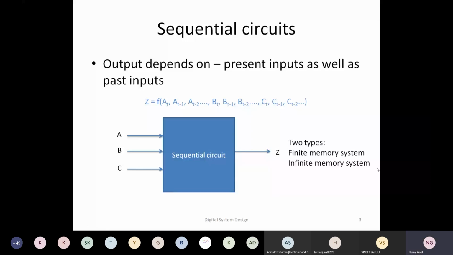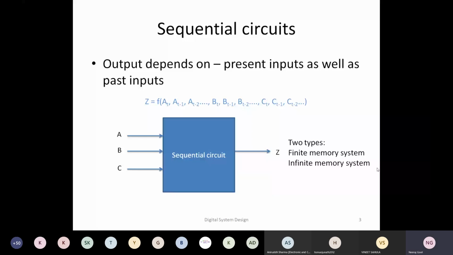After time 0, whatever variations have taken place in that input, all of those would impact the output. On the other hand, a finite memory system will take into account only some fixed past values of that particular input. So let's say the past 4 inputs or past 6 inputs or past 1 second of input, something like that.